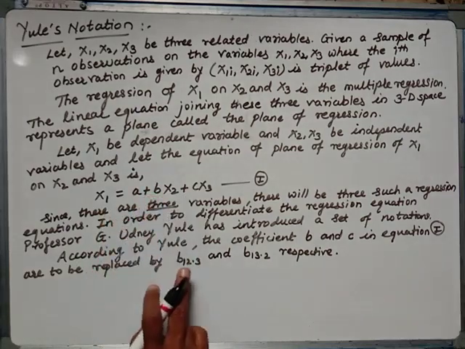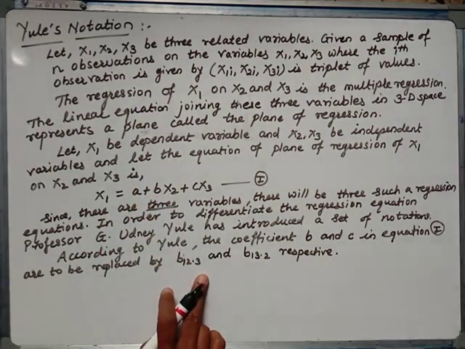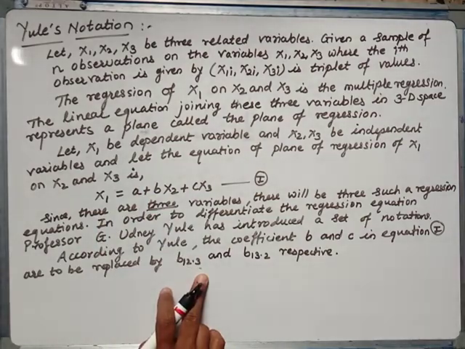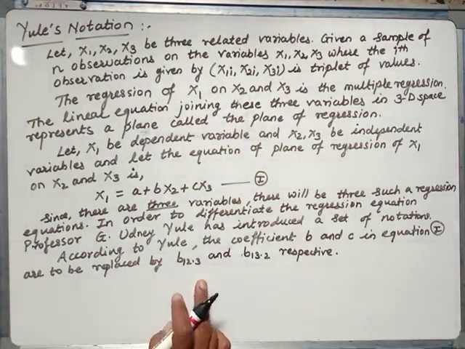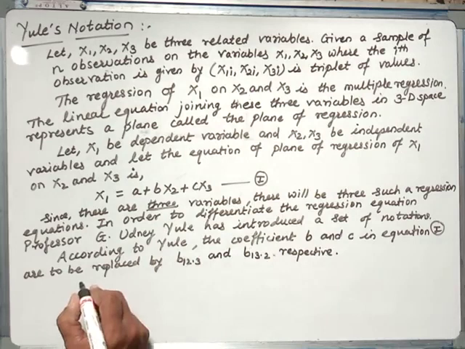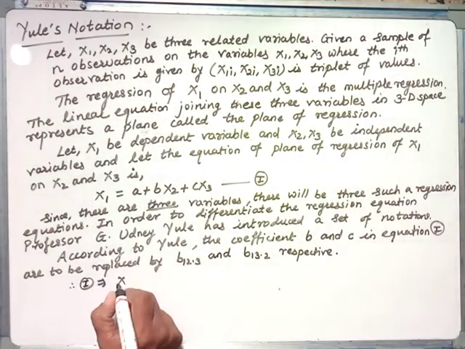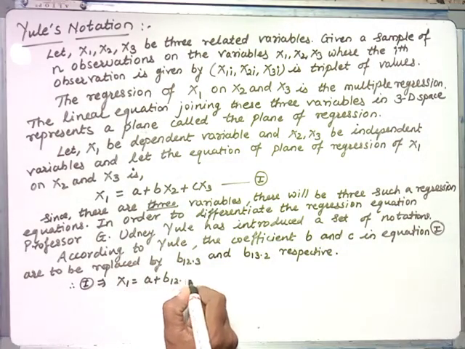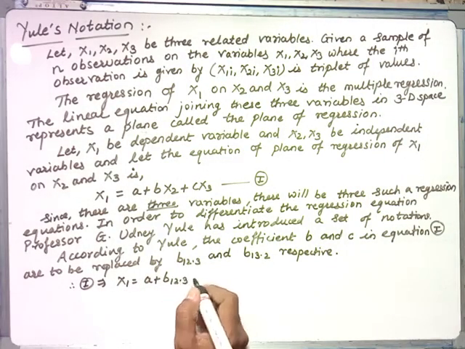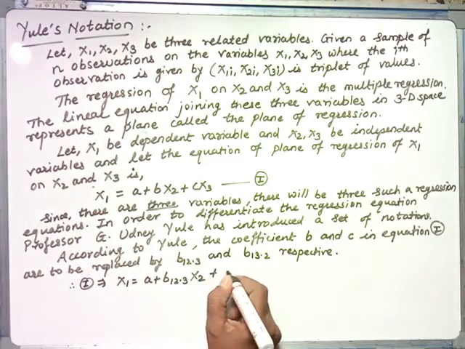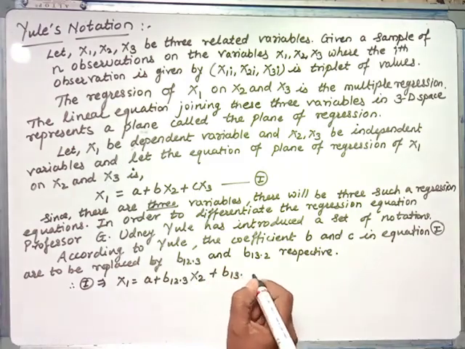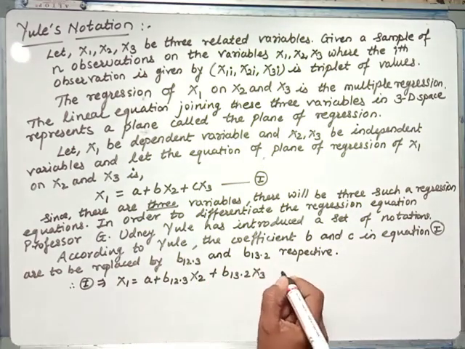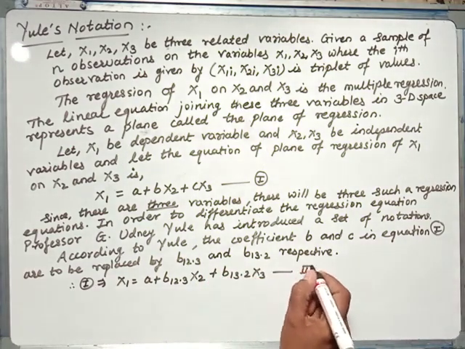These b and c are nothing but b12.3 and b13.2. Okay, so due to that, equation 1 becomes x1 equal to a plus b12.3 x2 plus b13.2 x3. Call it equation number 2 now.